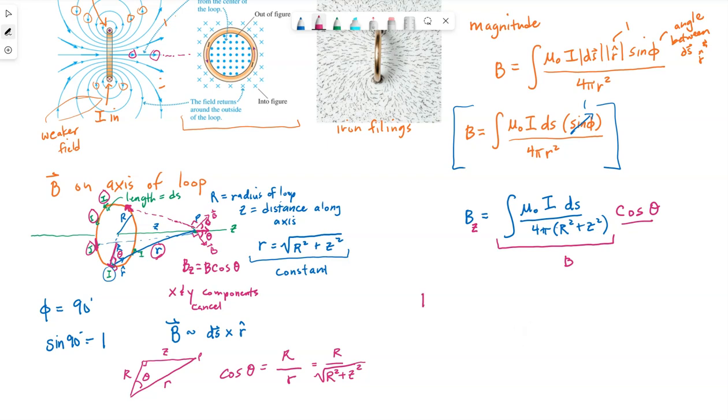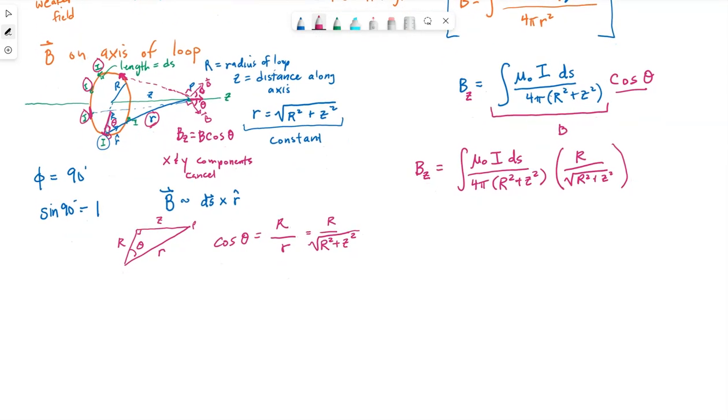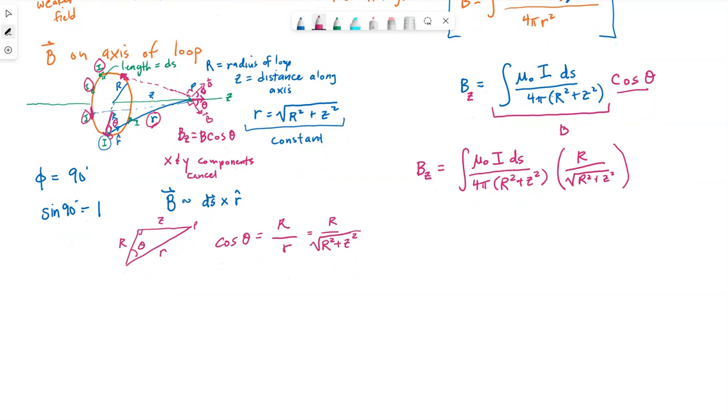So if I put this in place of cosine theta, I put in capital R over the square root of R squared plus Z squared. This becomes the overall integral I need to solve to find the magnetic field on the axis of the loop.